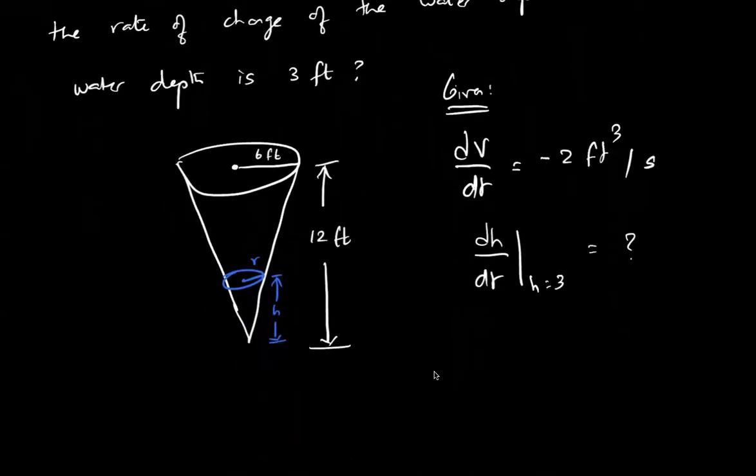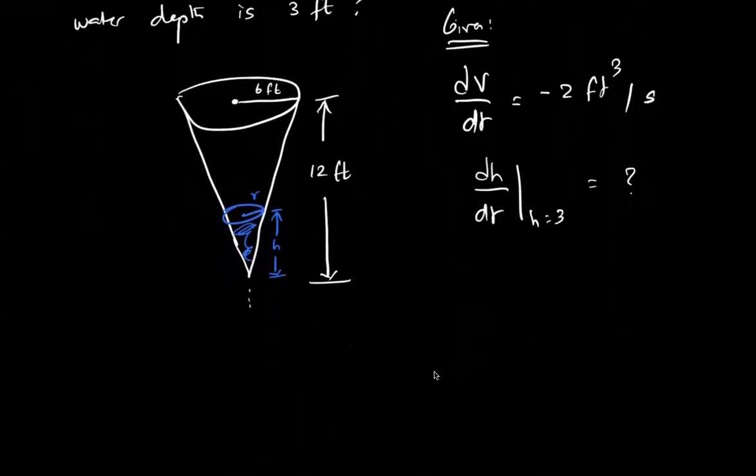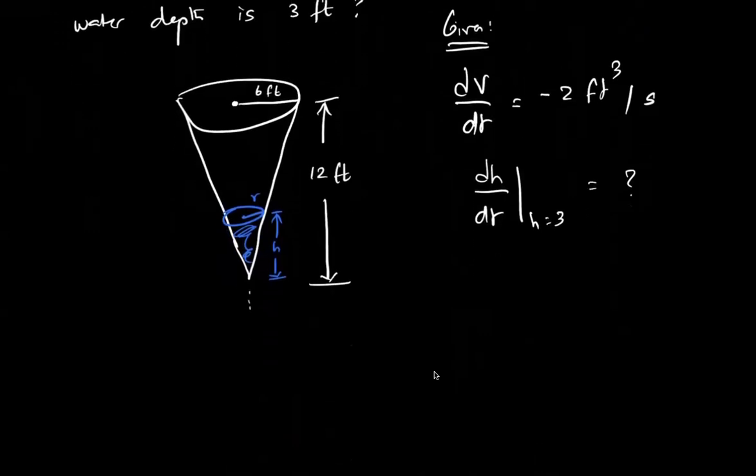So this water level, because water is dripping, is changing, right? So the R of that water level and the H of the water level are constantly changing, but there is a relationship between R and H. So what we are going to do is first see that the rate given to us is the volume.